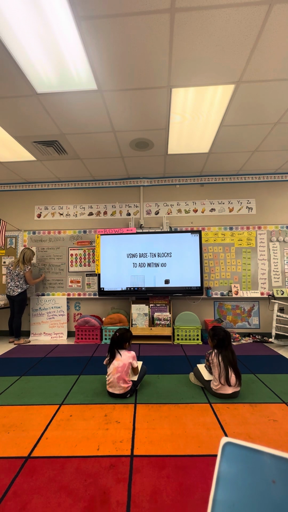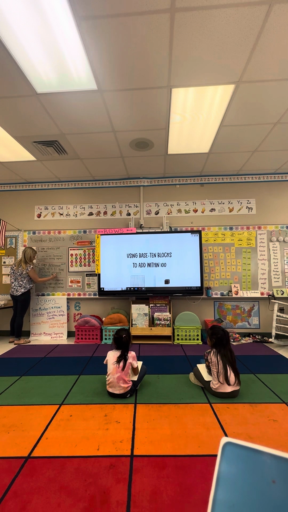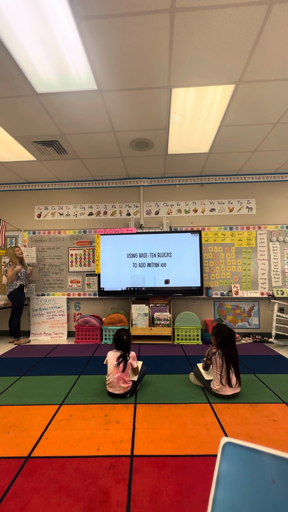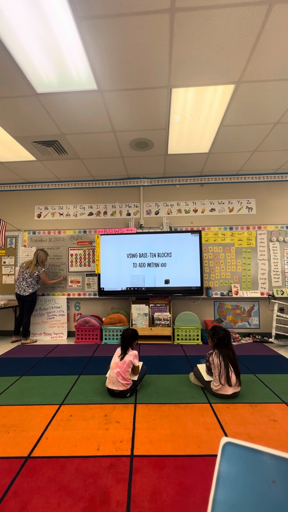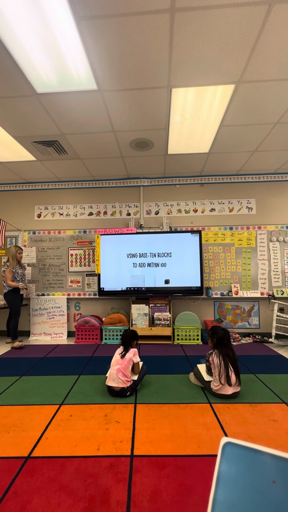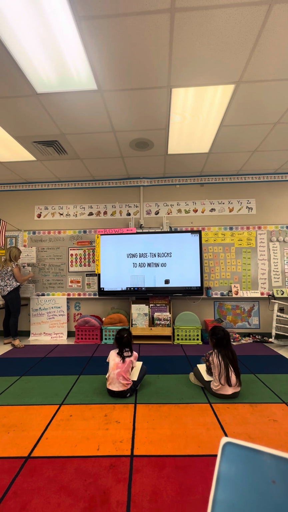So we have a strategy that always works. Just like we did before. Today, our strategy is base 10 blocks. So I'm going to draw a rod, like you'll see in your box, and a cube, like you have in your box.